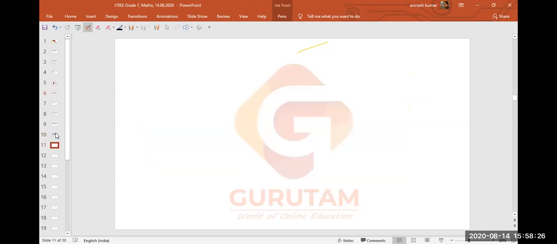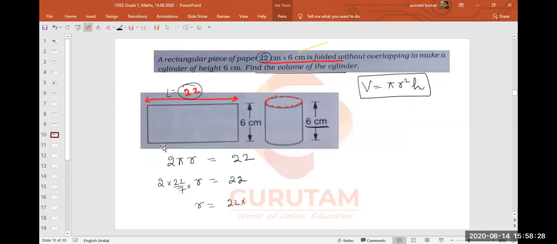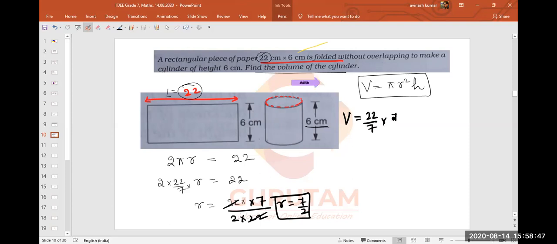Okay. So same concept we are taking right now. So 22 times 7, 2 into 22, cancel. So the r value will become 7 by 2. So 22 by 7, 7 by 2, 7 by 2 times 6.